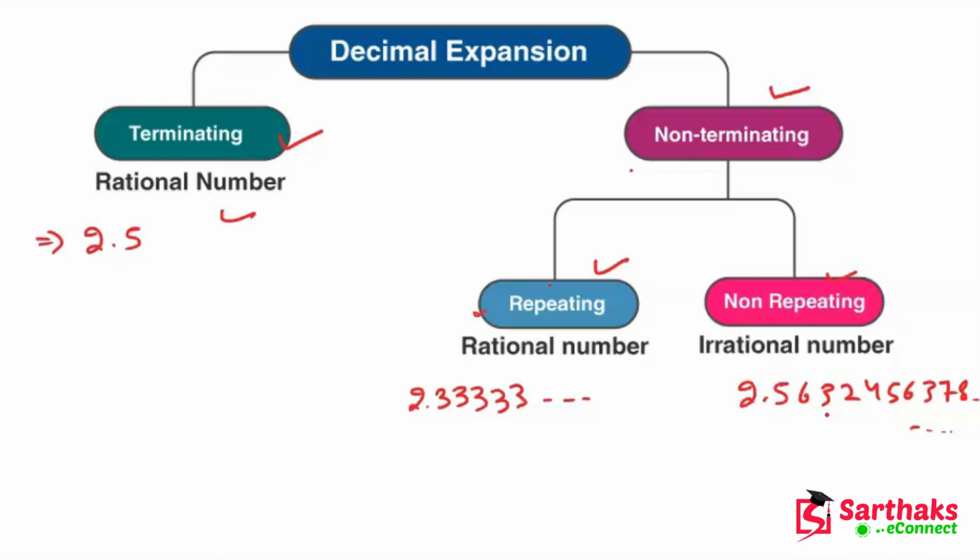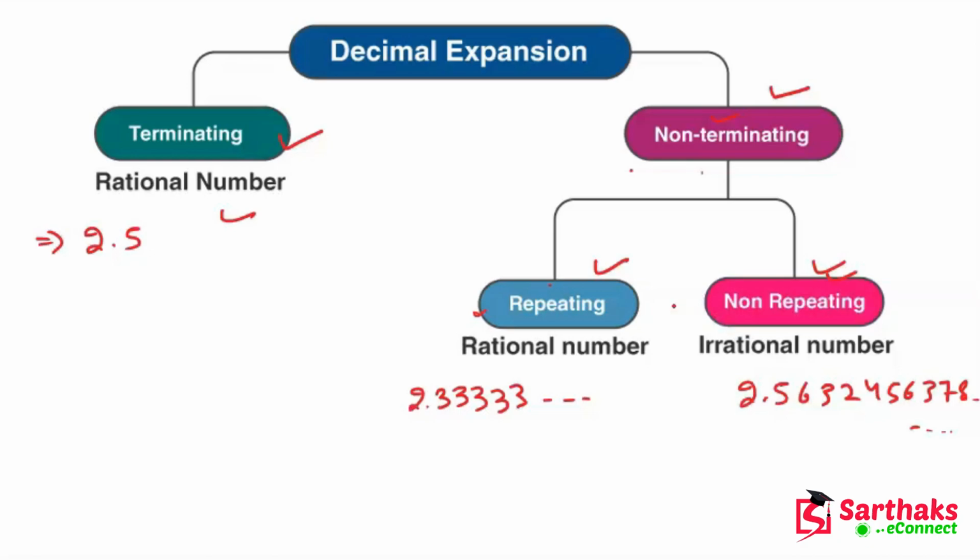So if the decimal expansion of the number is non-terminating and non-repeating, then the number is an irrational number. Or we can say that the decimal expansion of an irrational number is always non-terminating and non-repeating. I hope you understand these things.